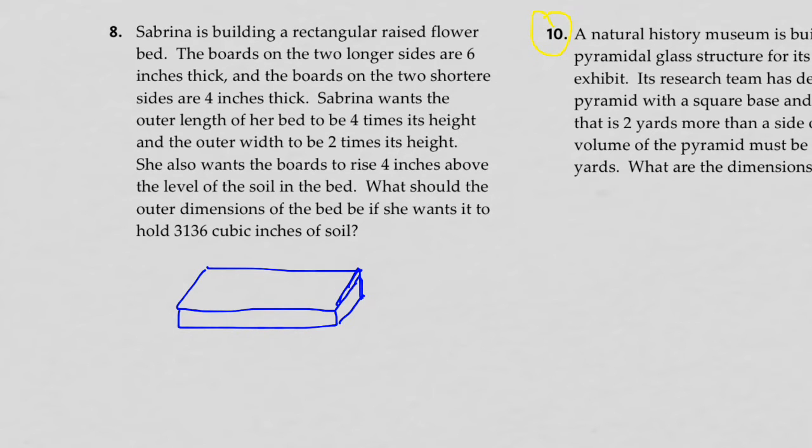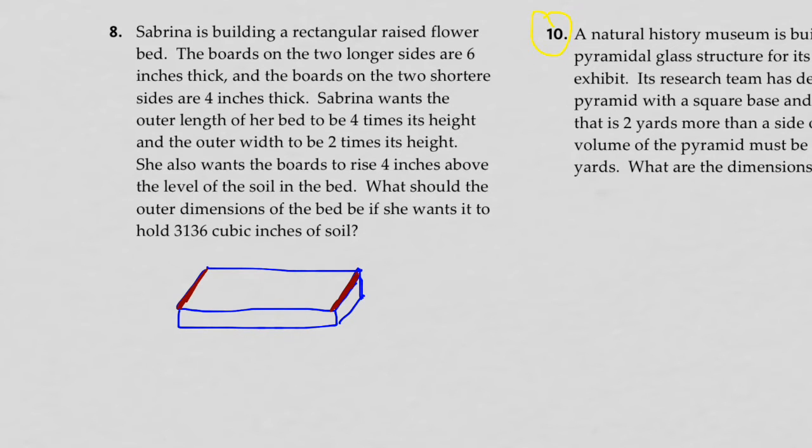It says the boards on the two longer sides are 6 inches thick. Okay, so I don't know which, let's just make these boards here 6 inches thick. Those are thick boards for the longer sides.